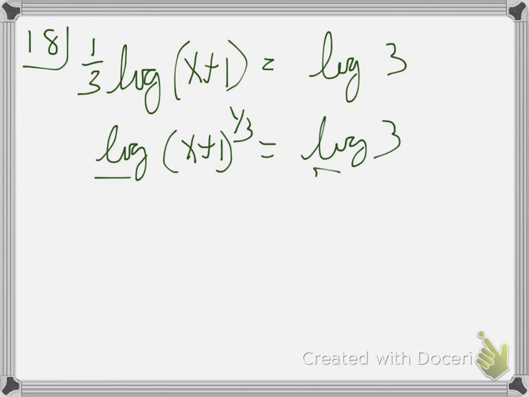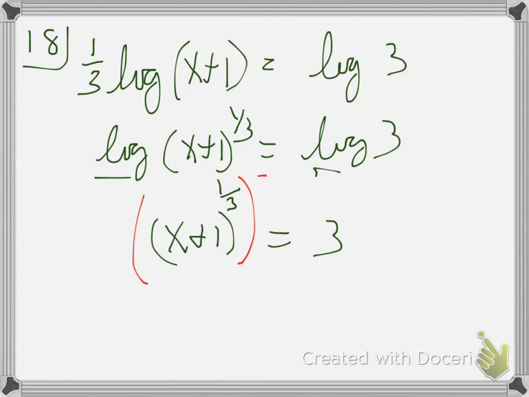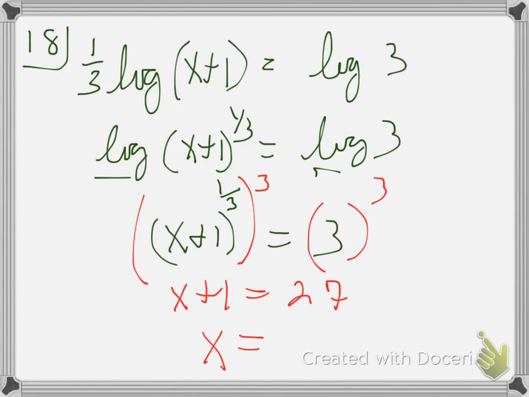Logs are the same, so that means what's inside them, or the arguments, have to be equal. So x plus 1 to the 1/3 has to equal 3. Well, to get rid of that 1/3 power, raise each side to the third power. That gives me x plus 1 equals 3 cubed, which is 27. So that means that x equals 26.